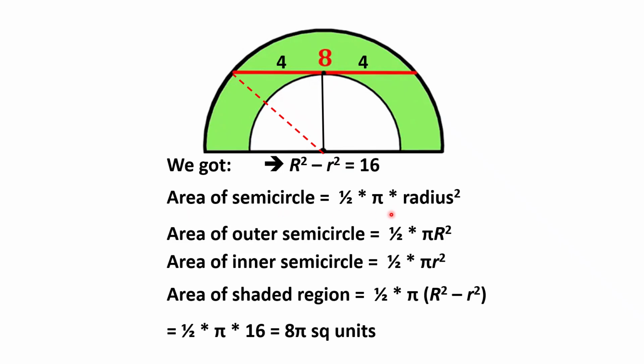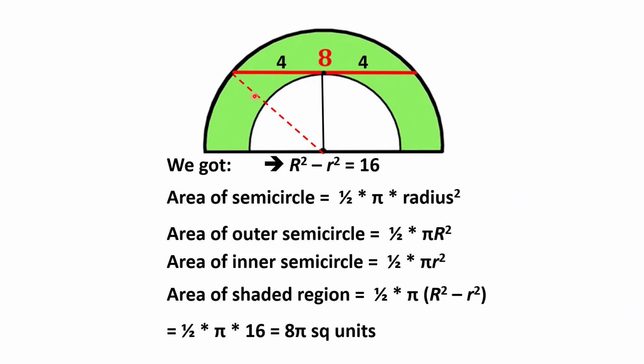Capital R is the radius for the bigger semicircle, and small r is the radius for the smaller one. So if you subtract, you will get the shaded region.